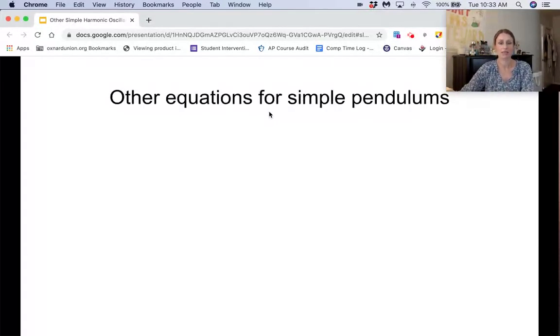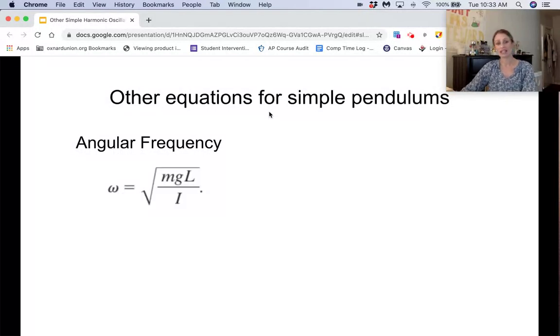Now, just like I said, because we have that equation for angular acceleration and that whole term in front of the theta was similar to omega squared, we can then use this in order to get an equation for our angular velocity. So we get angular velocity is equal to the square root of mgL over I. And then with this, we can then get an equation for our period as well.